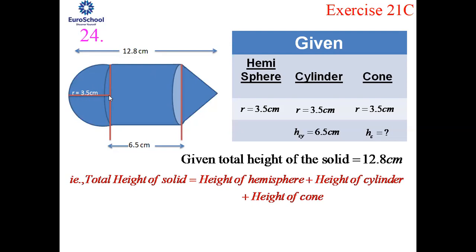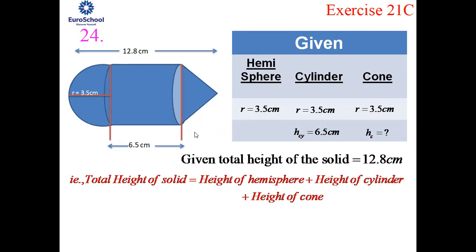Here again we are drawing it from the center. Your height denotes the line from the center to the middle part of it, so this again represents your radius. It is already given that the common radius is 3.5. That is also going to be the height of the hemisphere. So the radius of the hemisphere is equal to the height of the hemisphere, which is 3.5 centimeters.